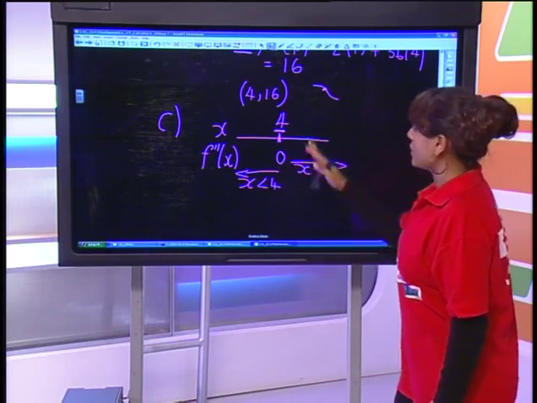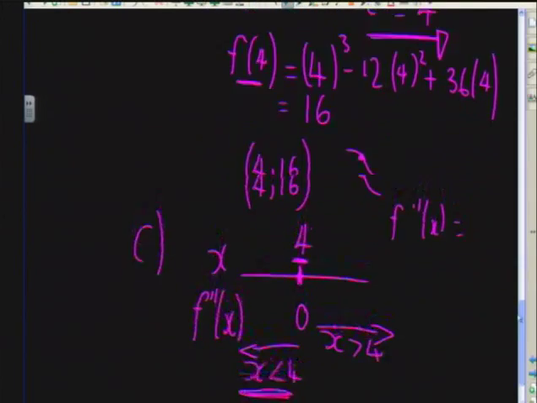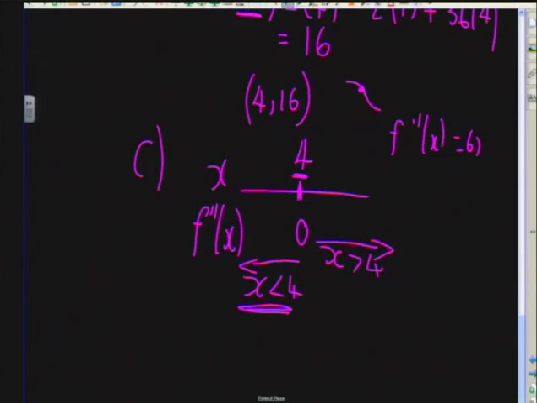So let's test. We look at the second derivative for any value of x less than 4. Remember, the second derivative was 6x minus 24. It's just a very rough test.